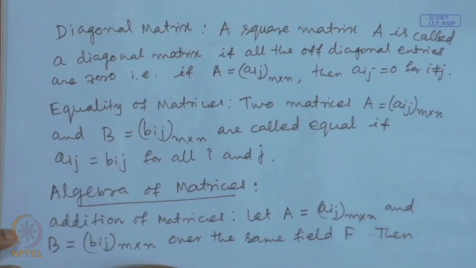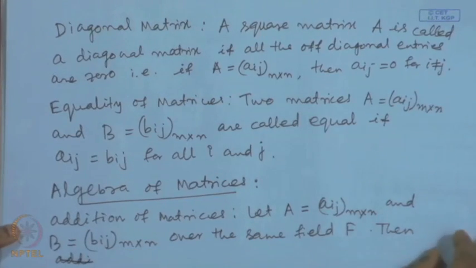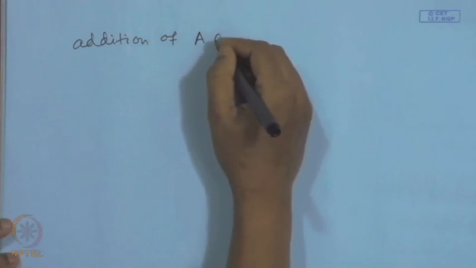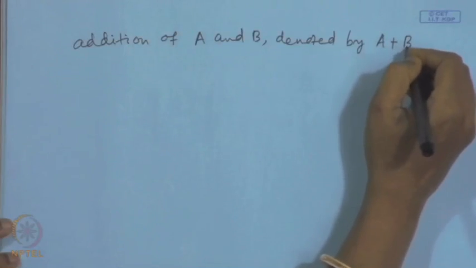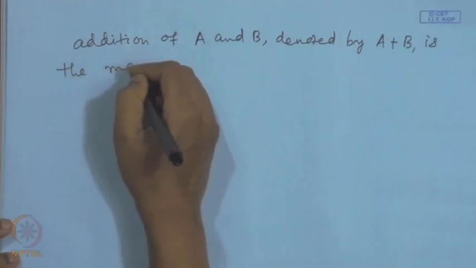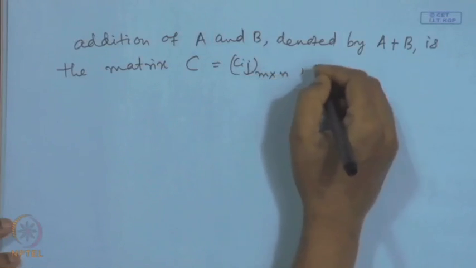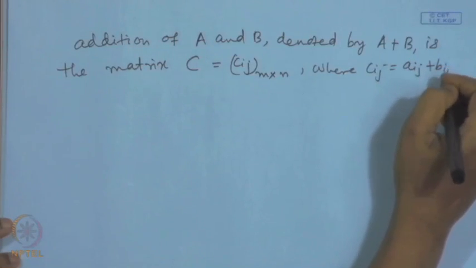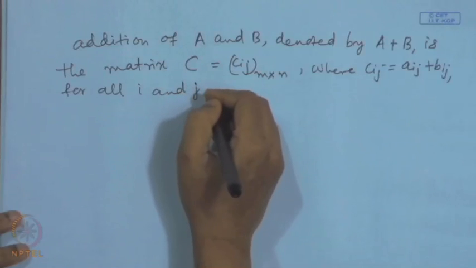Then addition of A and B, denoted by A plus B, is the matrix C whose entries are Cij, where Cij is equal to Aij plus Bij for all i and j.